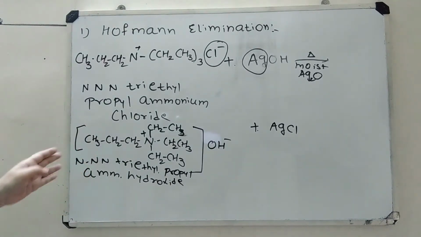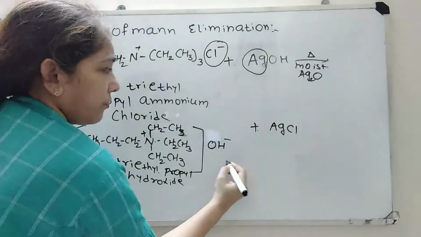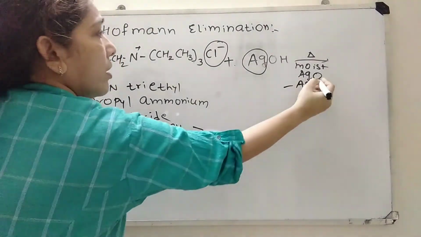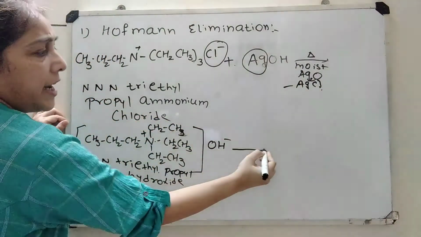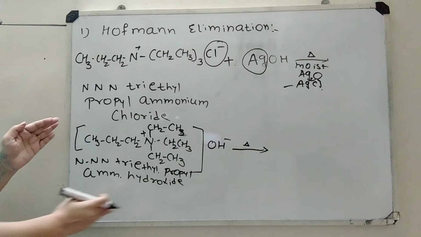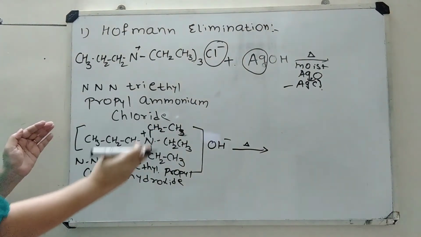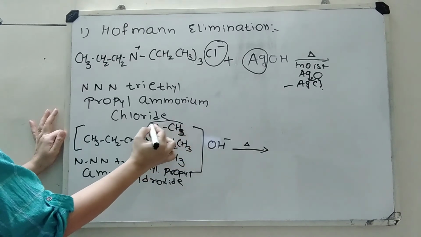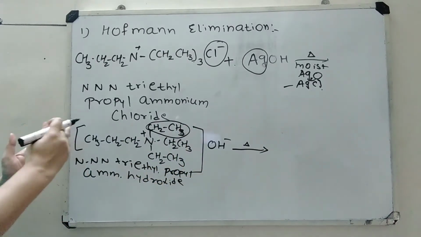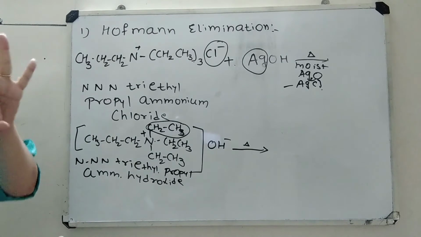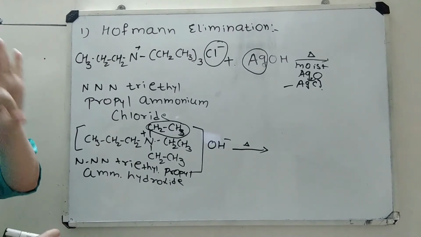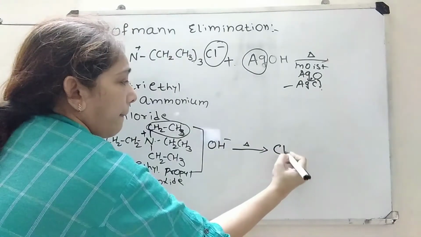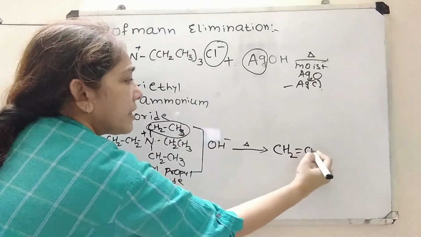On strong heating of this, we write here minus AgCl. On strong heating, this compound gives out one CH2CH3 of the 3 ethyl groups to form a double bond, CH2.